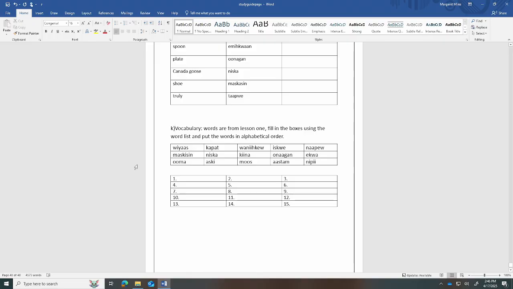Uma, this one. Aski, meaning land. Most, meaning moose in English. Astam, come here. Nippy, meaning water.